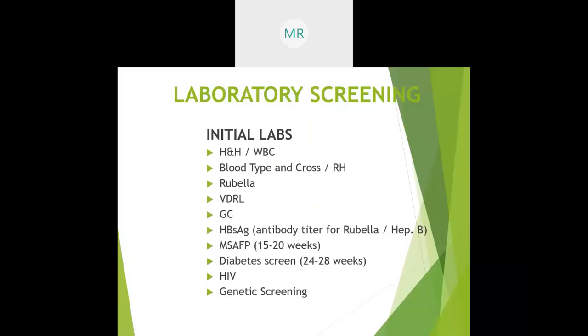One thing I wanted to mention with the Rh, to find out if mom is Rh negative or not, is that she will receive RhoGAM at 28 weeks and after delivery if she is Rh negative. She has up to 72 hours after she delivers to receive the RhoGAM.